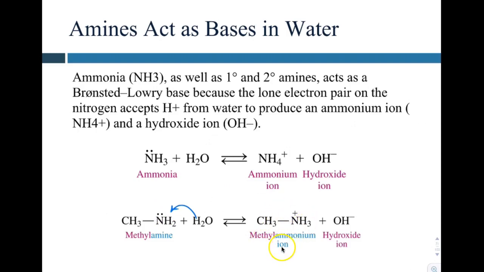The naming of that is fantastic because you know ammonia turns into the ammonium ion, so you just take that amine and make it ammonium. So this is methyl ammonium ion, and then you get a hydroxide ion. We put our little plus right on top of the N there. You want to make sure you're putting the plus on the N, not the whole thing. I mean, technically the whole thing is positive, but you really want to show that it's the N that's positive now because it's got an extra H plus.